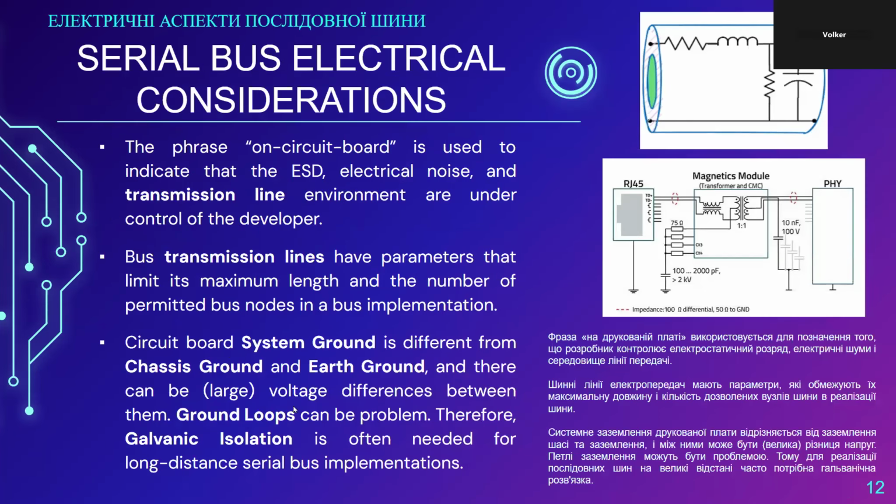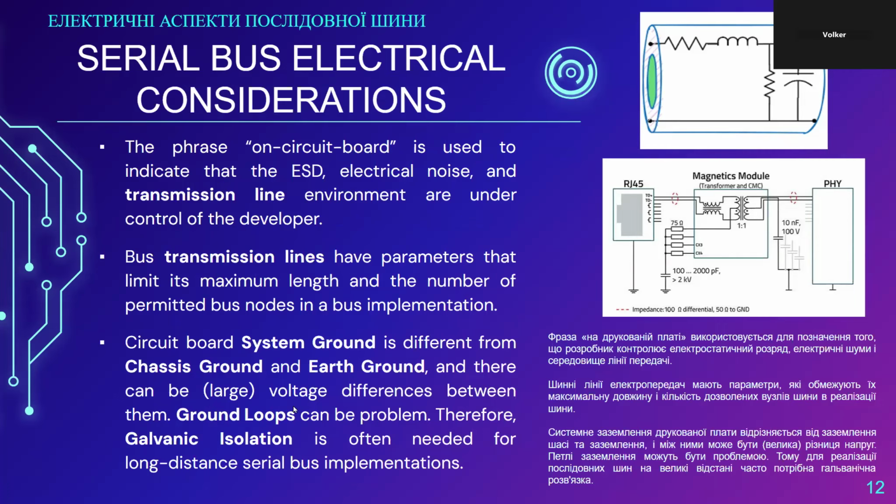Serial bus electrical considerations. I wanted to quickly talk about that a little bit. The phrase on-circuit board is used to indicate that the electrostatic discharge, electrical noise, and transmission line environment are under control of the developer. So the buses that I had mentioned before, the SPI bus, the I2C bus, the synchronous buses, are really meant for onboard design, short distance communication to a microcontroller.